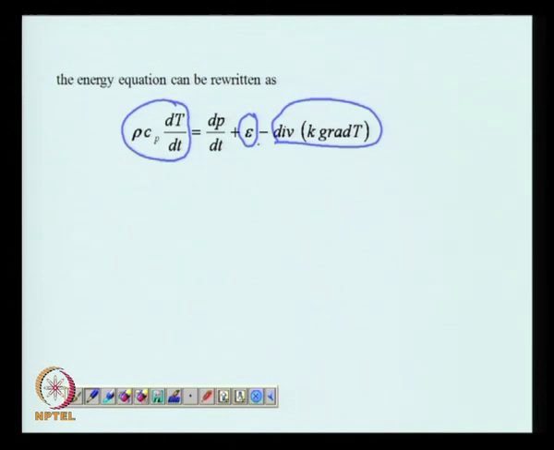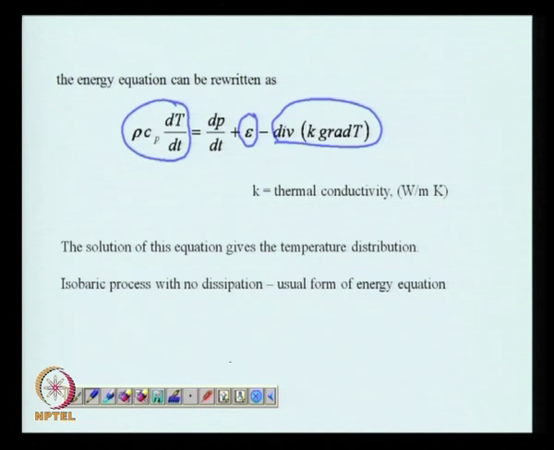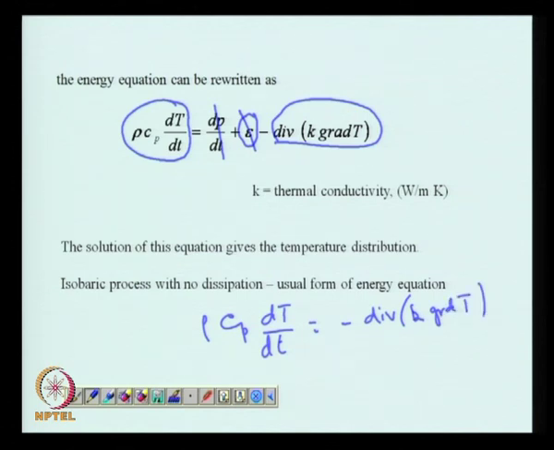So, this dissipation function is denoted by epsilon. Here K is the thermal conductivity, and the solution of this equation gives us the temperature distribution in any substrate. So, if it is an isobaric process with no dissipation, then these two terms will not be there, and what we will simply have would be rho Cp dT over dt is going to be equal to divergence of K grad T. So, this is the form of the energy equation with which we are mostly familiar.